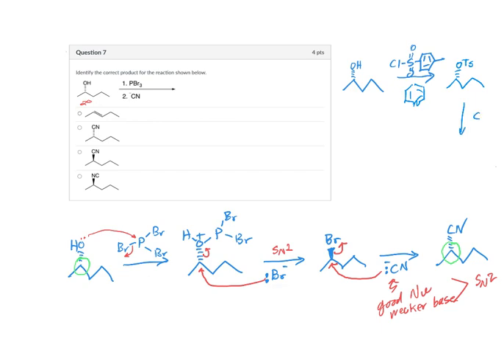Then we could do our substitution reaction with cyanide, and the cyanide will displace this whole tosylate. So then we would end up with our cyanide coming forward. So we can control the stereochemistry of this product by choosing the synthetic method that we use.